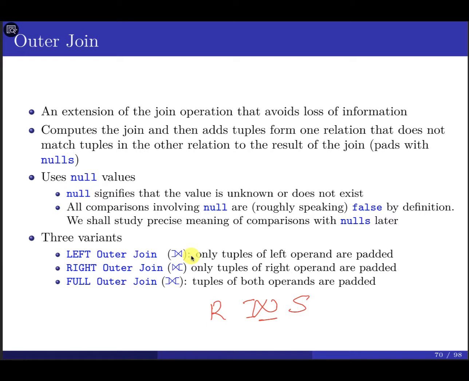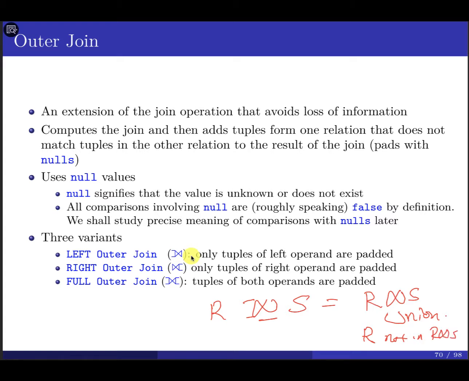So it looks like R natural join S, union with what? In addition, the tuples in the relation R that have no match in the relation S, that is, the tuples of R not in the result.